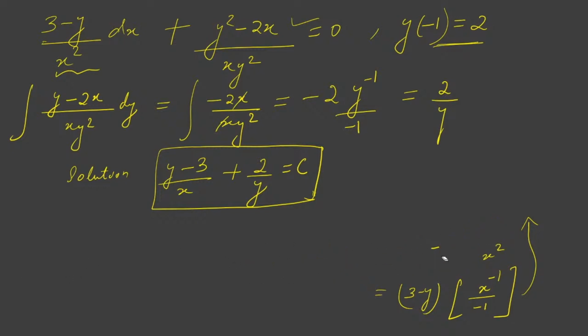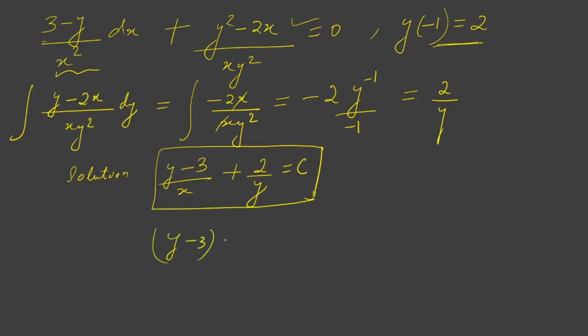This solution can be rearranged in a form like this. Just a second. We can rearrange this equation in this form. Suppose we take an LCM. So y minus 3 whole into y plus 2x divided by xy is equal to c.